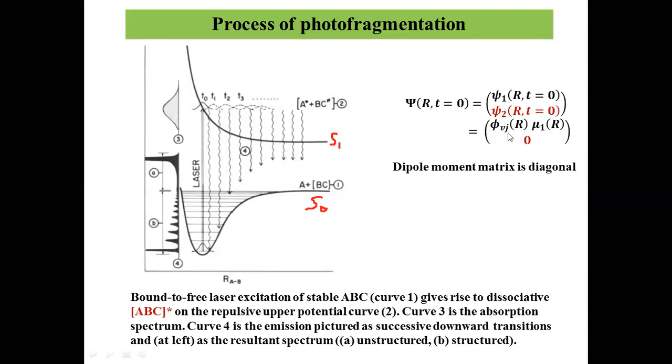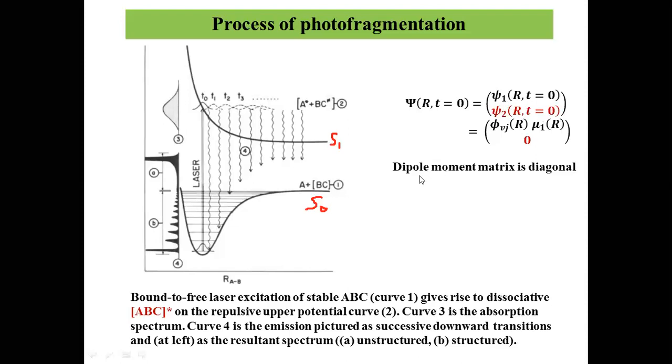That is the strategy. So this is the rovibrational state of the ground state, multiplied with the dipole moment vector and taken to the excited state. Initially that should be my psi 1, and then psi 2 of course is going to be initially 0 because it was not having contribution. That is the wave function we are going to take.